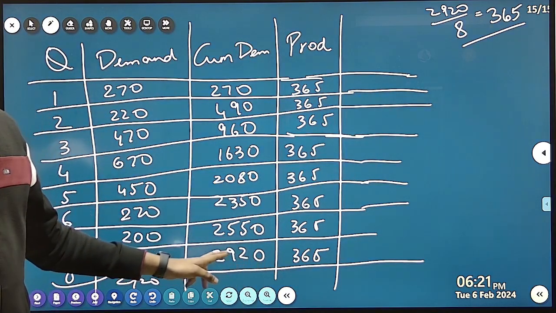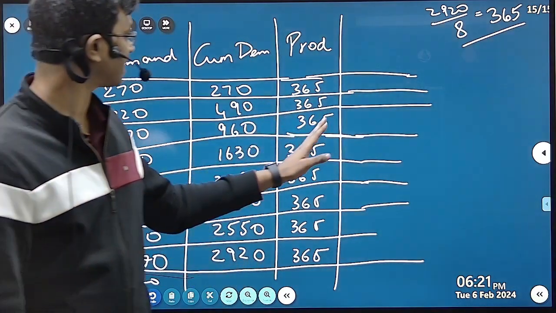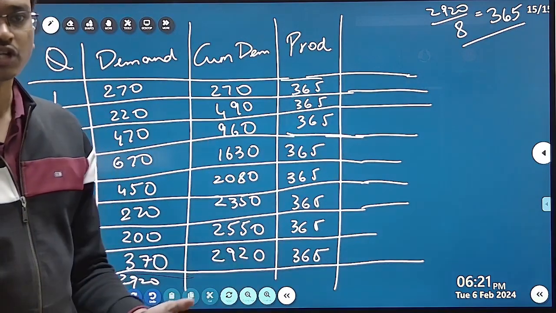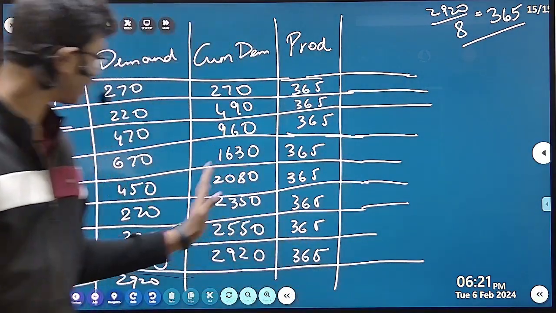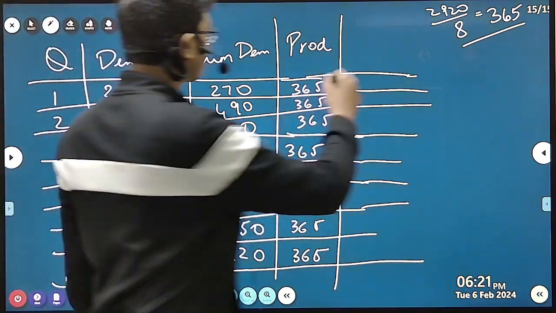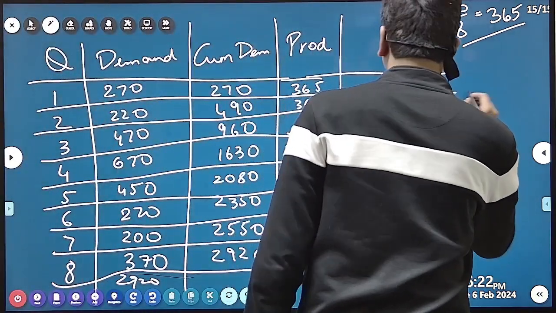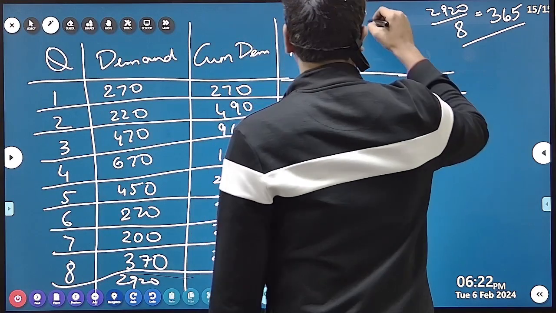That is not possible. So we have to calculate the initial inventory level so that we can fulfill the demand.